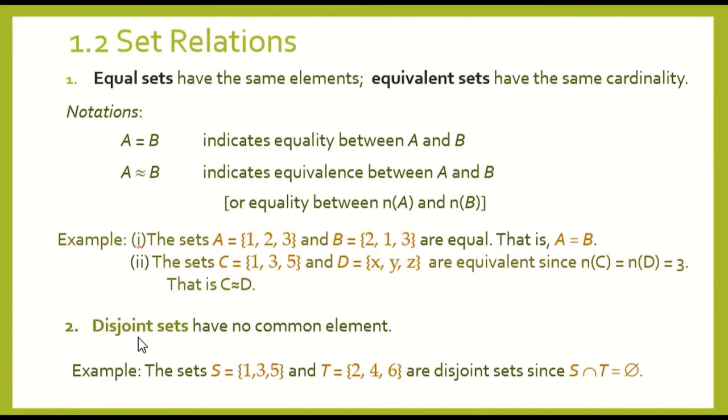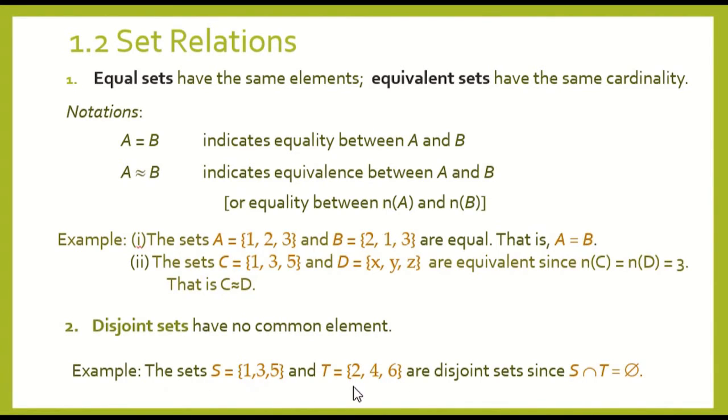Okay, next we have the disjoint sets have no common element. So, wala sila'y kapareho nga element. Disjoint sets tawag pag walay kaparehog element. Example, the set S is equal to 1, 3, 5, and T is equal to 2, 4, 6.